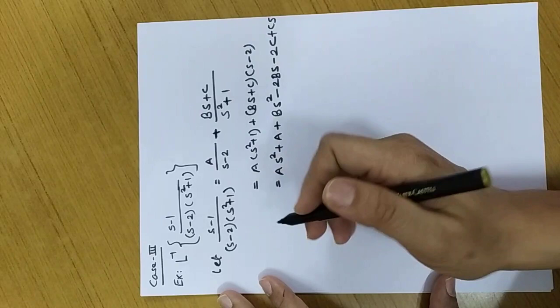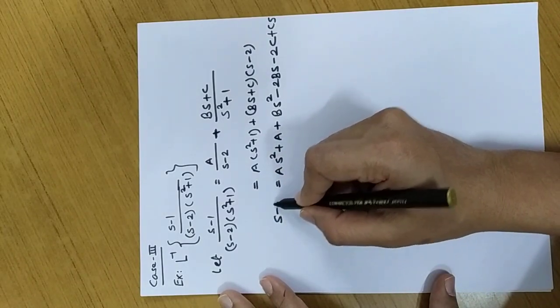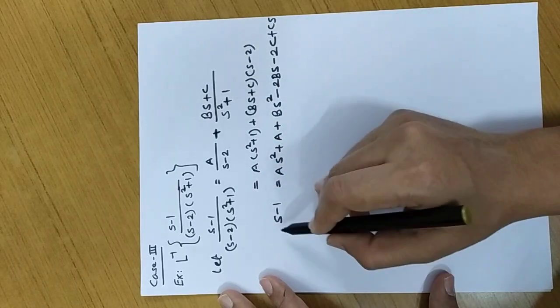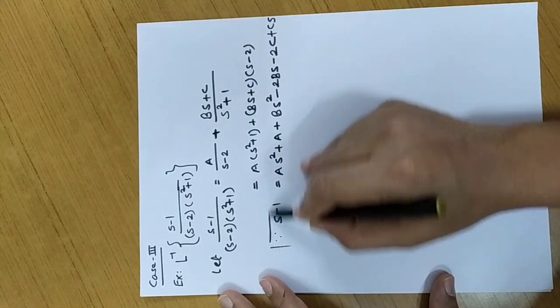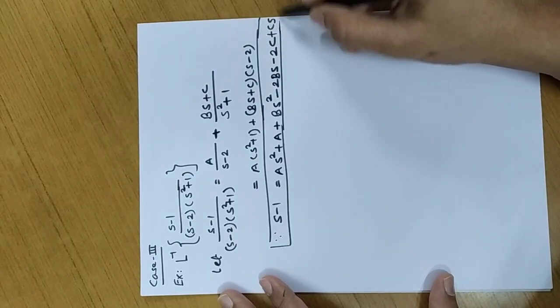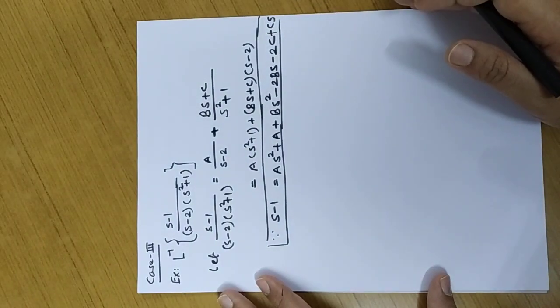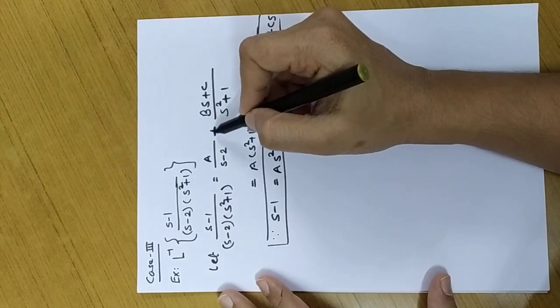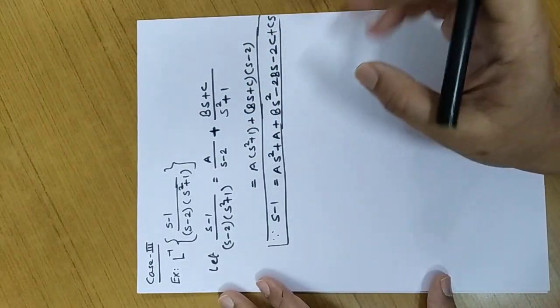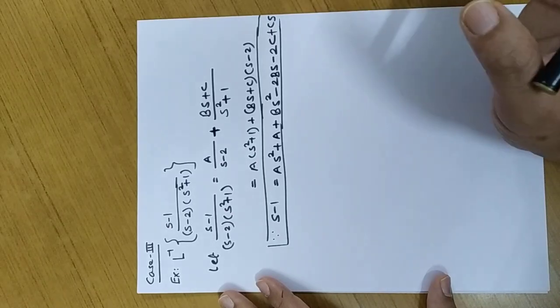Now it's done. And on the left hand side, in the numerator it is s minus 1, and the denominator part will be cancelled out on both sides. So we are getting this equation. Here we are not going to put the values of s, but in this case we have to compare the coefficients on both sides. So we are equating the coefficients on both sides.